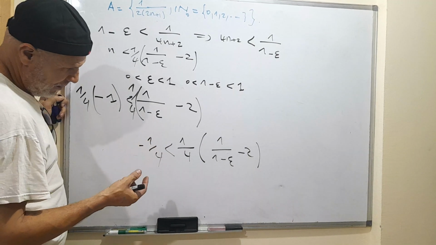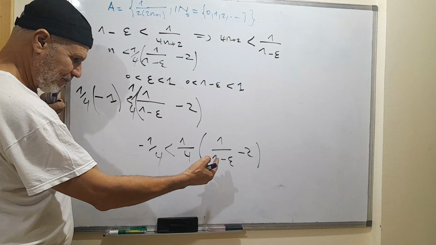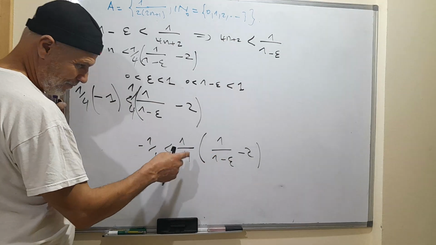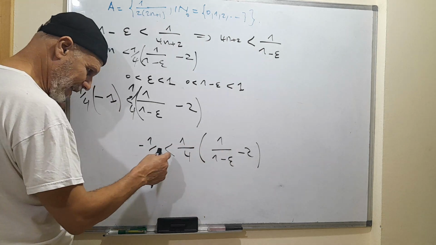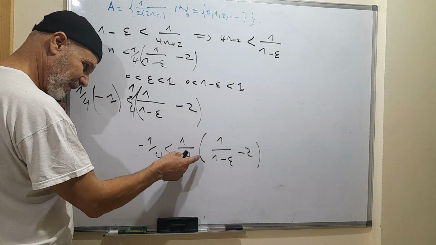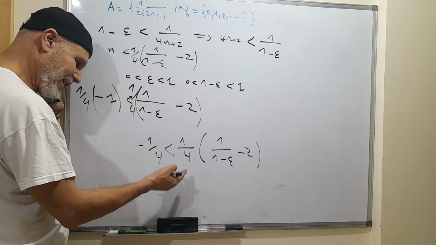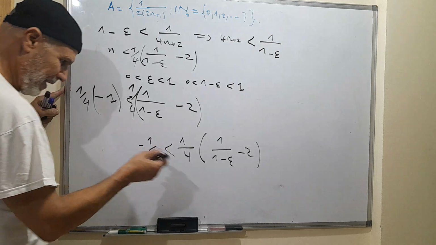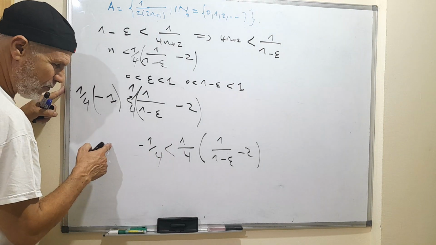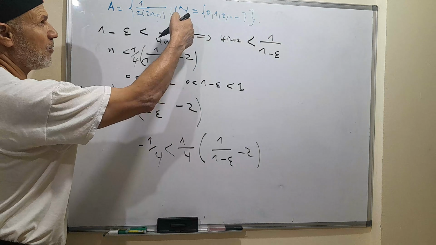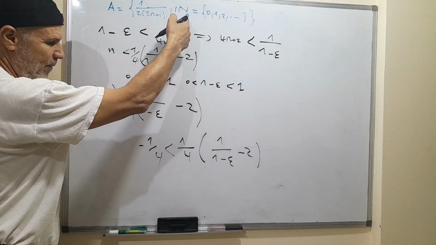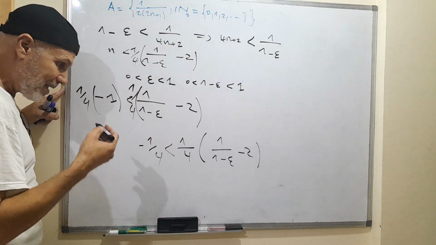In the case where epsilon makes this negative, the integer part will be minus 1, and minus 1 does not belong to the natural numbers.